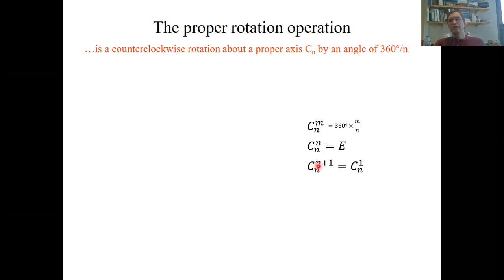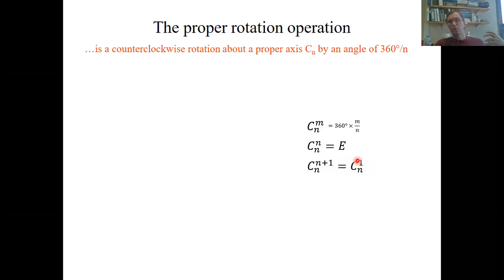So if we rotate n plus 1 times, then that's again the same as just rotating 1 time. So for instance, if we rotate 3 times, then that's the same as though we would rotate only 1 time.